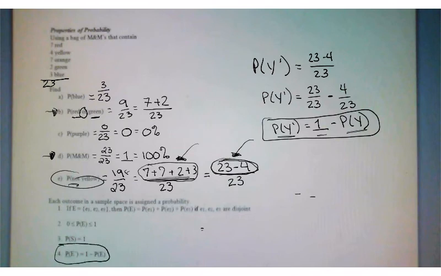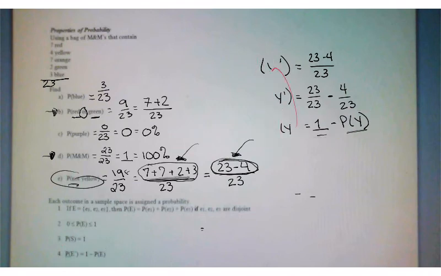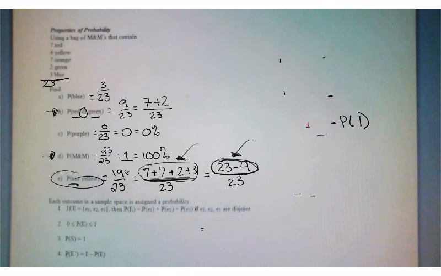And that is precisely what property number 4 is telling us. So you've been working with complements and finding the probability of complements, applying that rule all along. Same thing with the property in step 1. You've been doing it all along. All we're doing now is putting the formal notation to it.